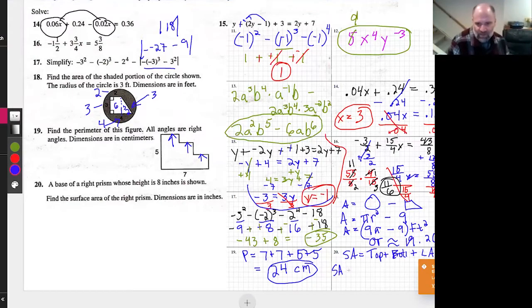The top was 108 plus another 108, plus that lateral area, which is just perimeter times height, right? So it's just 50 times the height of that prism, which is 8 inches. So that's 400. So we got 216 plus 400, which is 616.